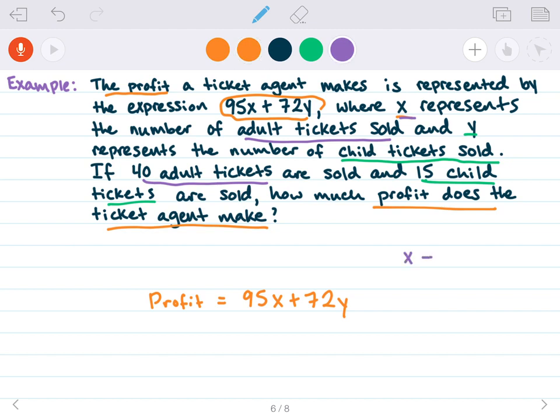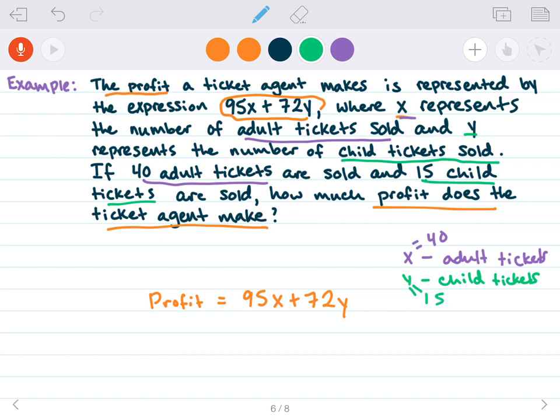X is the number of adult tickets, and y is the number of children's tickets. And they tell us that 40 adult tickets are sold. So x must equal 40. And they tell us that 15 child tickets are sold, so y must equal 15.